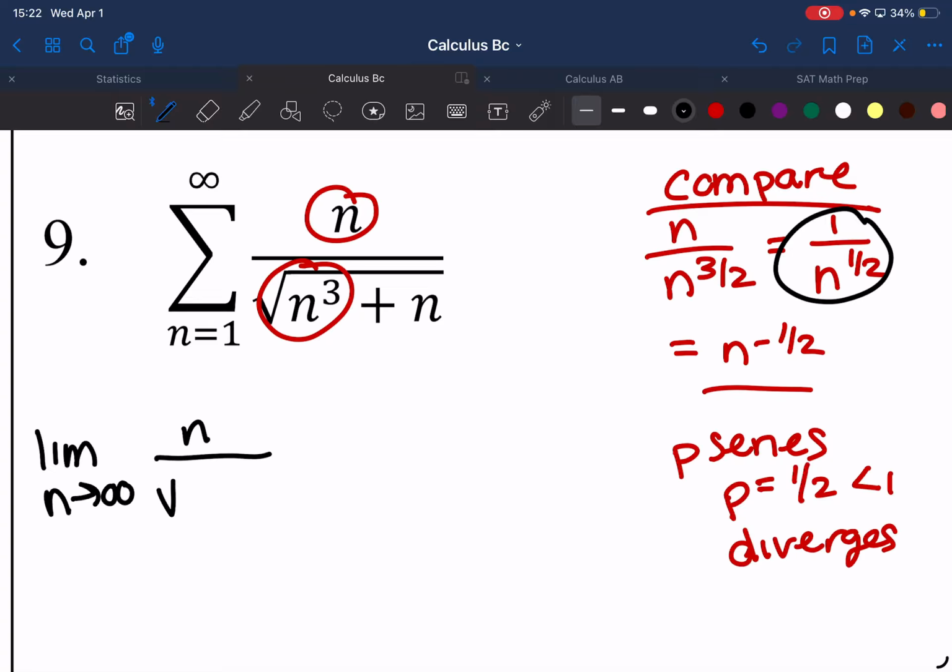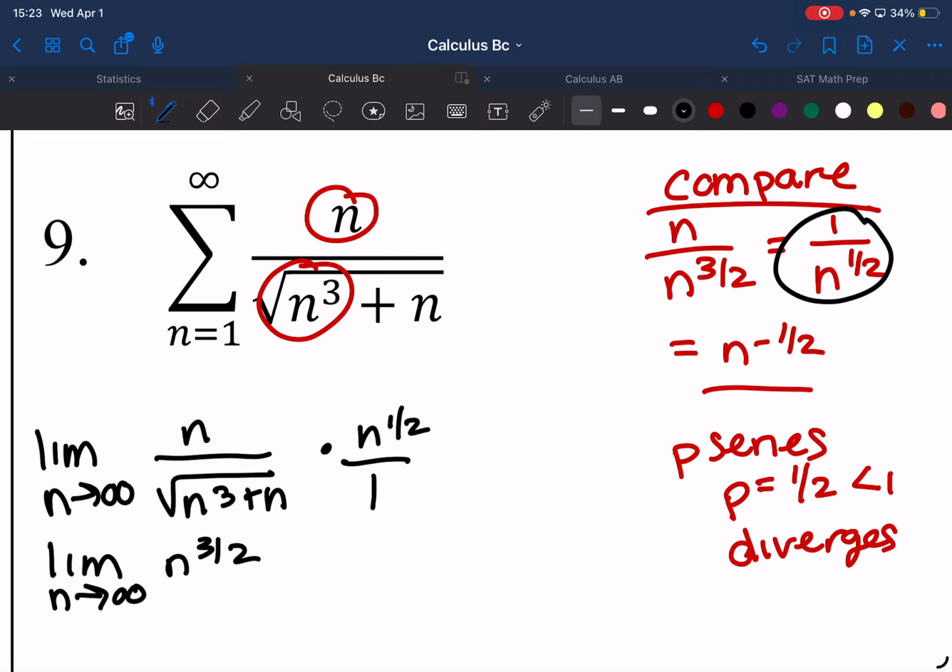Then I go over to the other side and do the limit as n approaches infinity of n over the square root of n cubed plus n, times the reciprocal, so n to the 1/2 over 1. So then I multiply across. This is the limit as n approaches infinity of n to the 3/2 power over the square root of n cubed plus n.